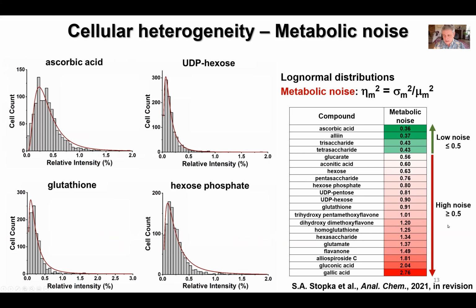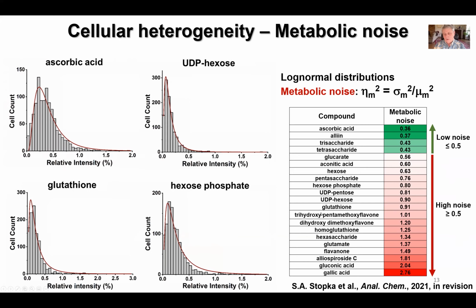As you can see, there are some here that have decidedly high noise, where the metabolic noise as defined here is larger than 0.5. We call that high noise. And then we have some cases when metabolic noise is relatively low, less than 0.5.